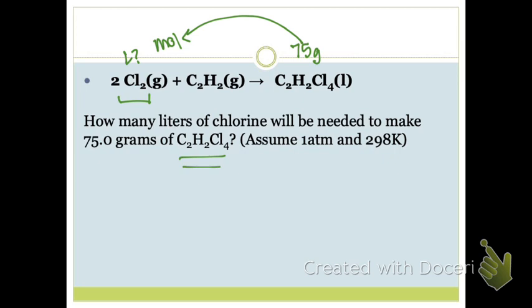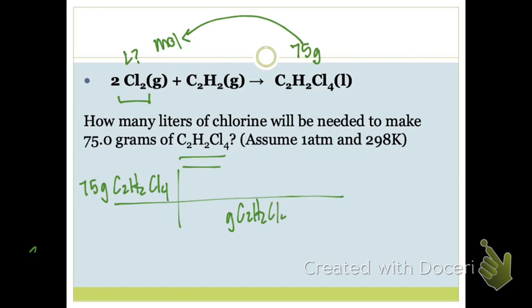All right, so we're going to go stoichiometry here with 75 grams of C2H2Cl4. I'm going to get rid of that and go to moles. About 170, is that the molar mass you came up with?